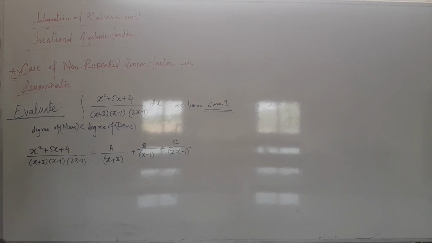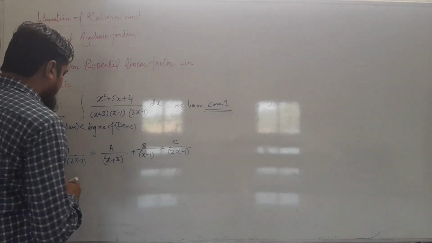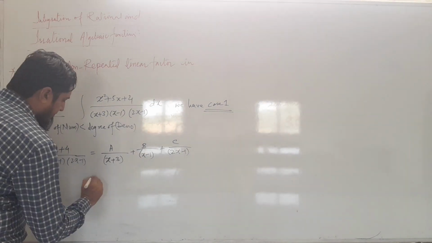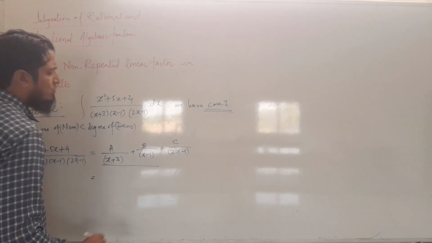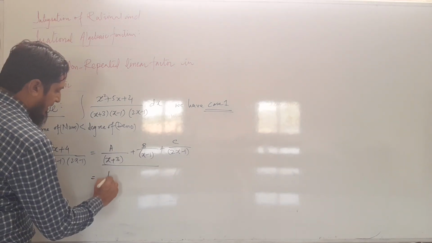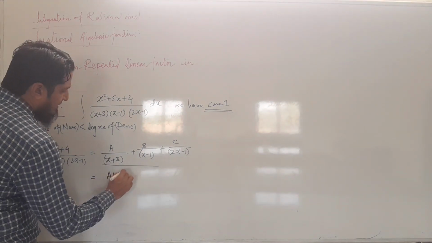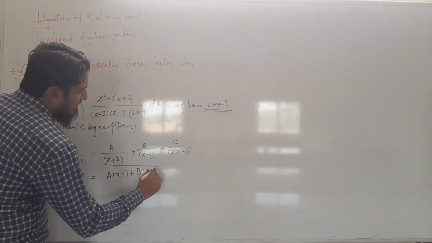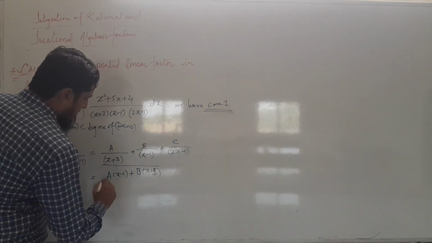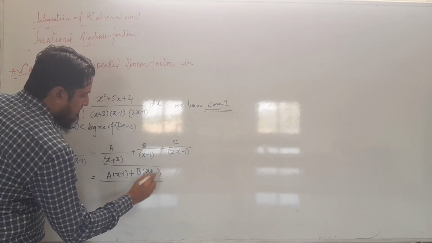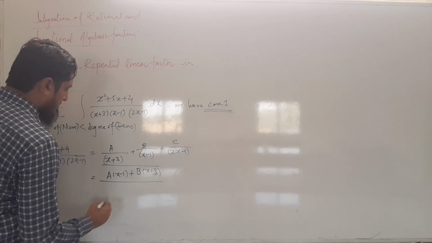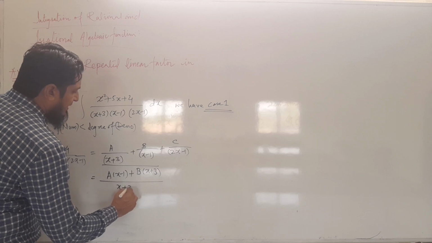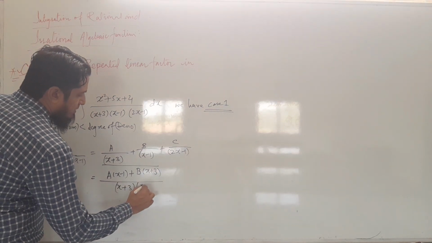Now, if we simplify this, first of all take these two first. We will get a into x minus 1 plus b into x plus 3, upon x plus 3 into x minus 1.